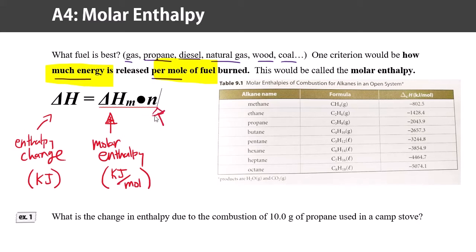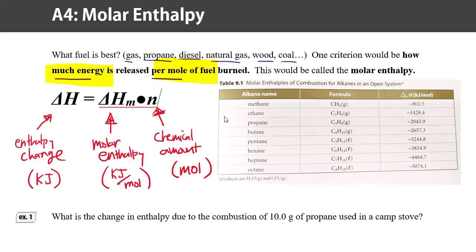And in order to make this formula work, if I have an enthalpy per mole that's equal to enthalpy change, we have to multiply it by the chemical amount. So we have to multiply by n, which remember stands for chemical amount, which is just our fancy way of representing moles, the amount. That's how we count amounts in chemistry, right? We like to measure things in units of moles.